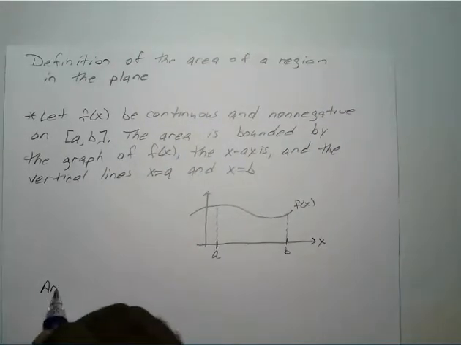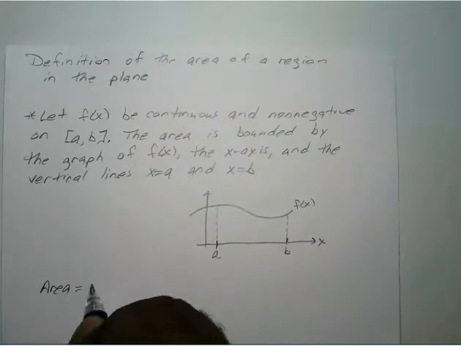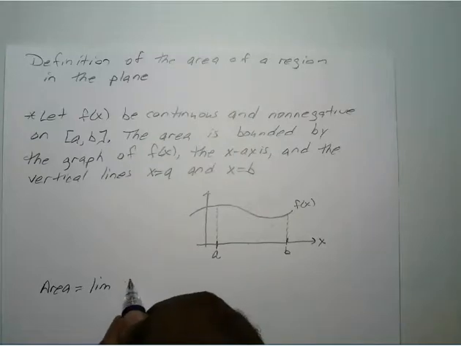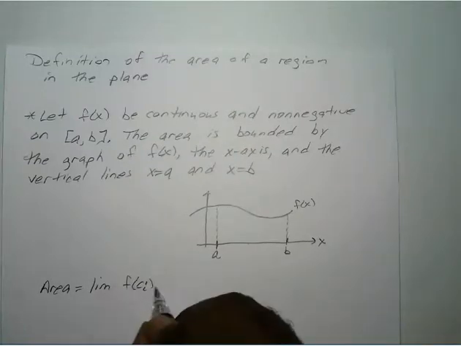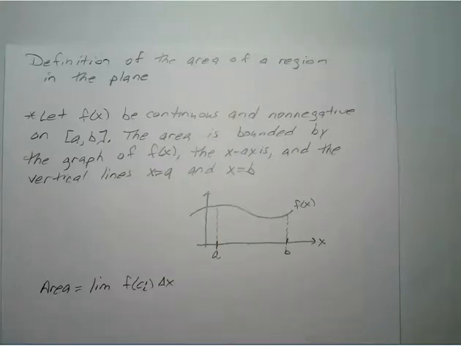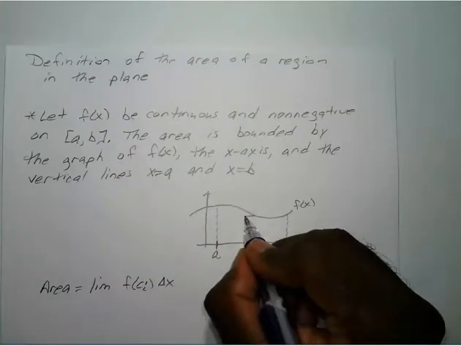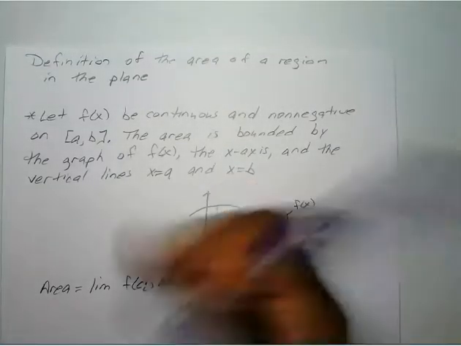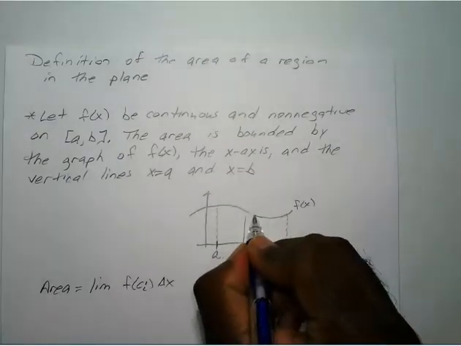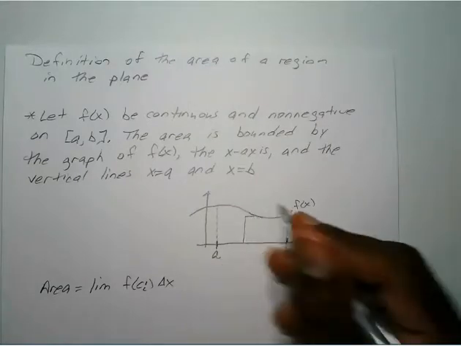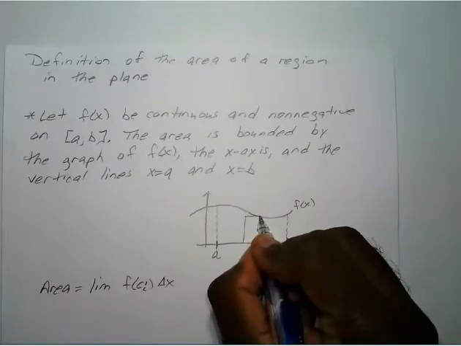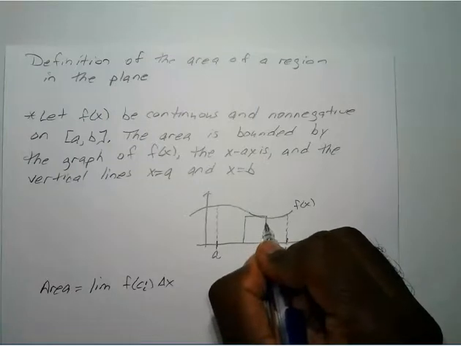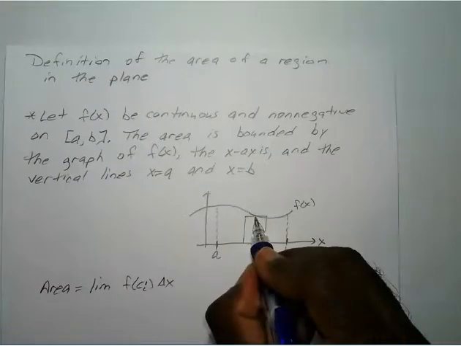Okay, so to find that area, that's going to equal the limit of the sum of f of c sub i delta x. Okay, so what if we pick one little section that's not below or above? Well, let's say it's right in the middle, where you have the same amount below and above.